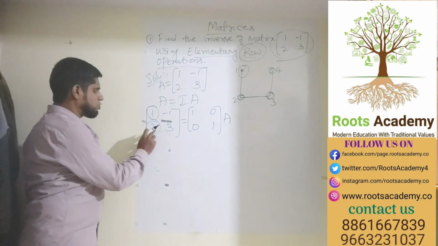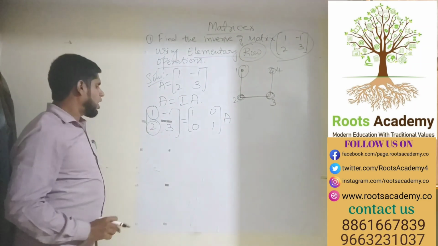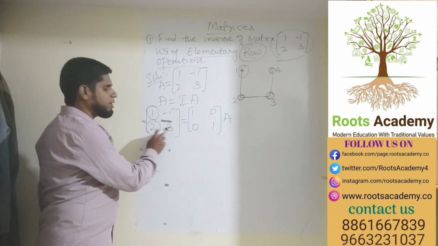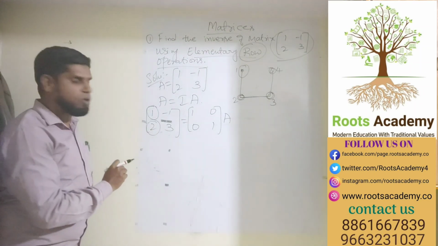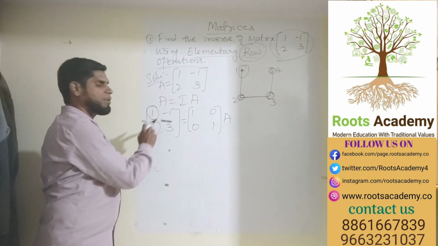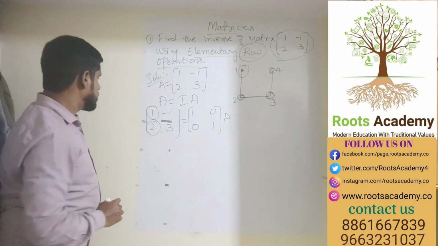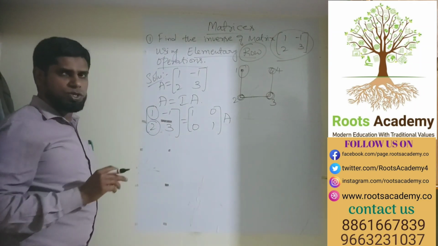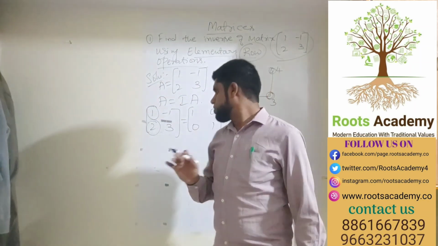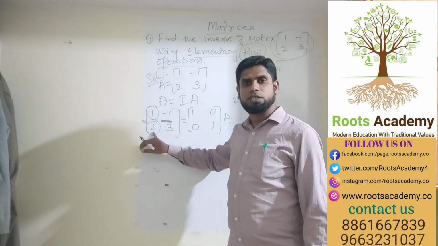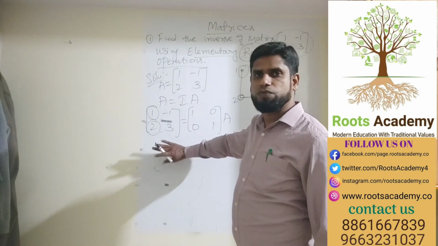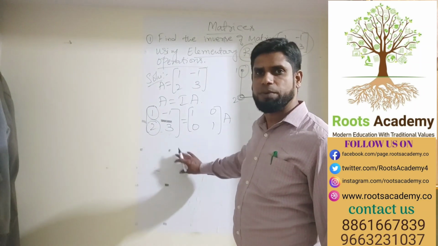To change this 2, in place of 2, I need 0. So student, if I am changing the elements here, I should take the help of the other rows, the previous row. There are many methods to make this 2 as 0. Don't think that whatever I am following here, you also should follow the same methods, same transformations.